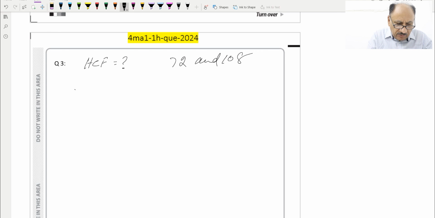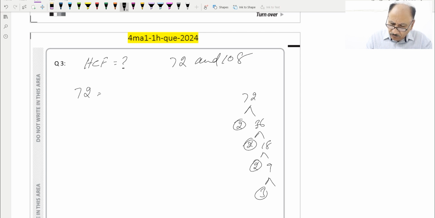We can write the factors of 72: 2 into 36, then 2 into 18, then 2 into 9, and prime factor 3. So this will be 2 into 2 into 2, three times, and then 3 into 3. This is how we can write this.